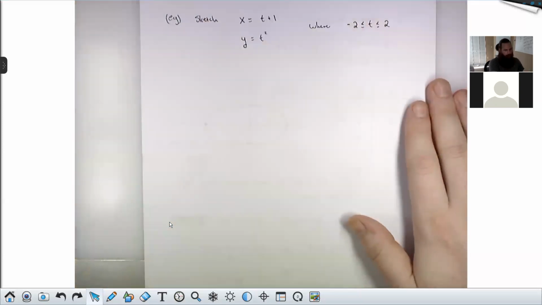Why not? So I want to do this without making a table. So I want to eliminate the parameter.